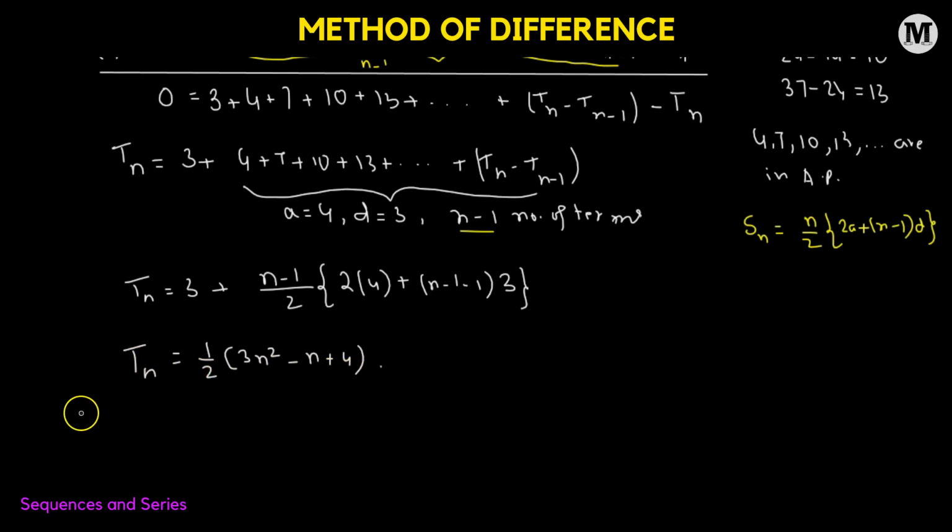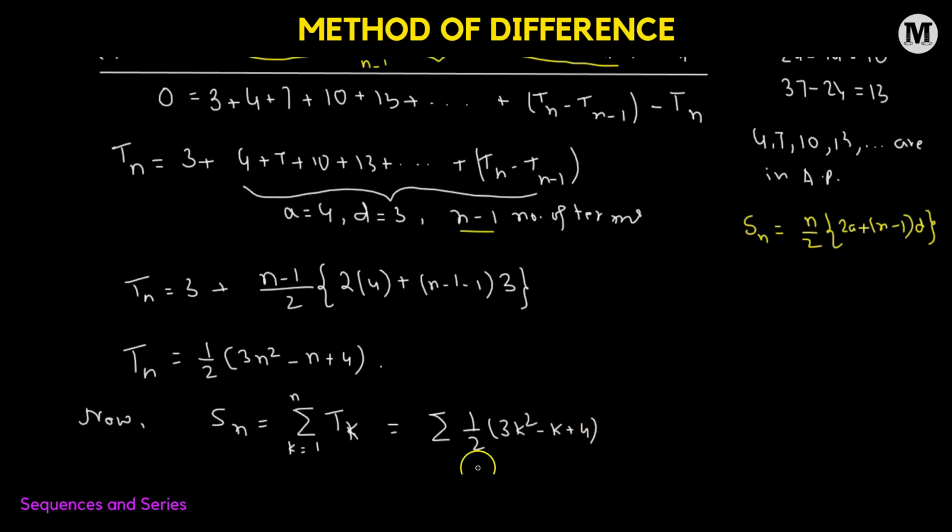Now that we have the nth term, we can use this to obtain the sum up to n terms. The sum up to n terms is defined as the summation of tk, the nth term. All we have done is replace the index n with k, and k here goes from 1 to n. So the summation of tk is the same as the summation of half times 3k squared minus k added to 4, with k running from 1 to n.